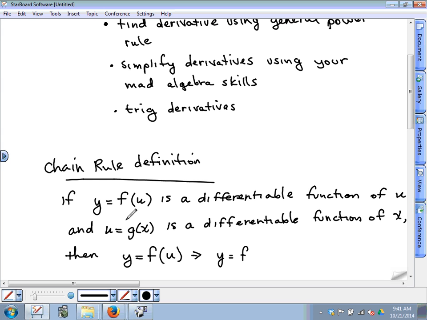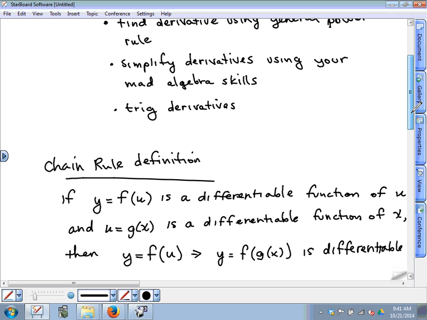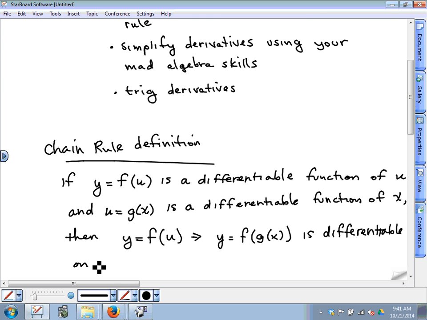What does u equal? So f of u really equals f of g of x. So y equals f of g of x is differentiable on x.